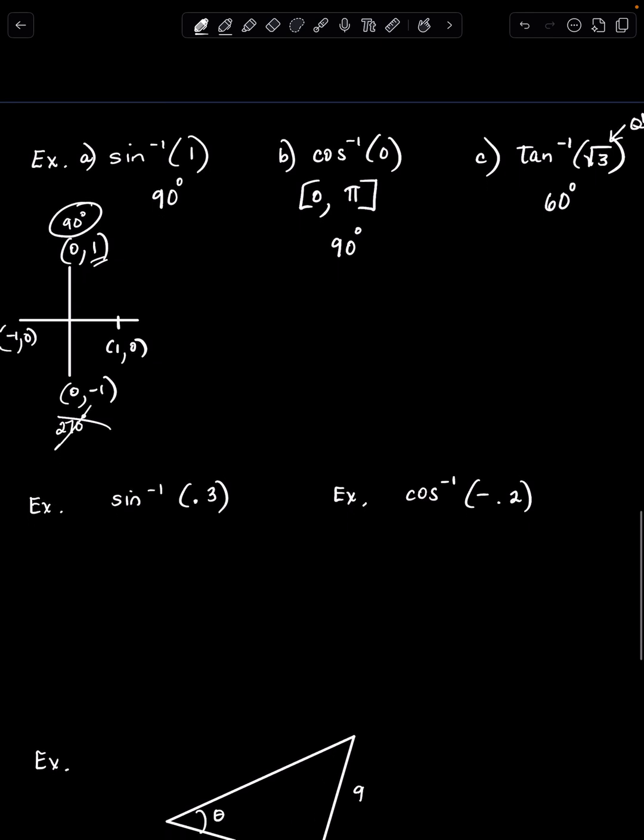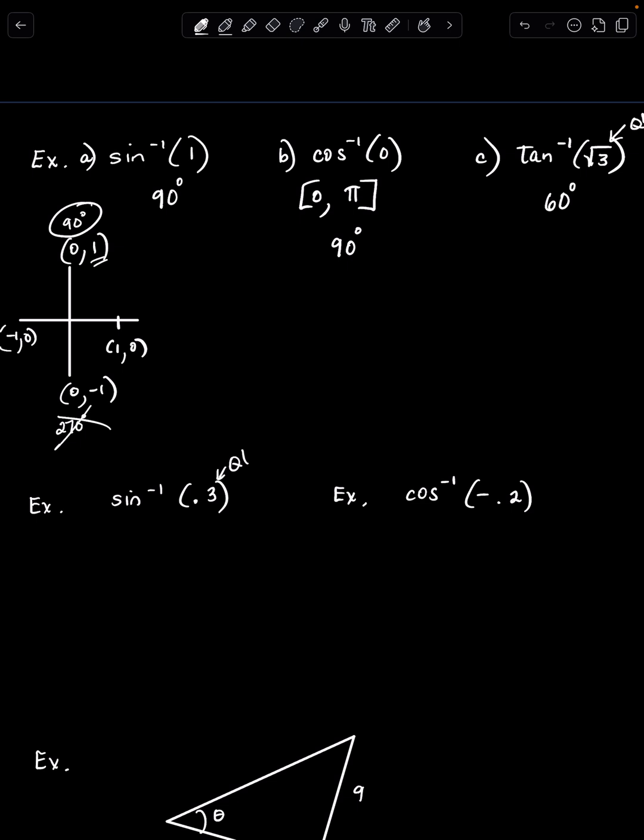So the next example says the inverse sine of 0.3. So the sine of what angle is 0.3? My angle's coming from quadrant 1. This isn't an exact value, so you're going to have to use your calculator here, which has your inverse trig functions. You're going to have to push your second key.